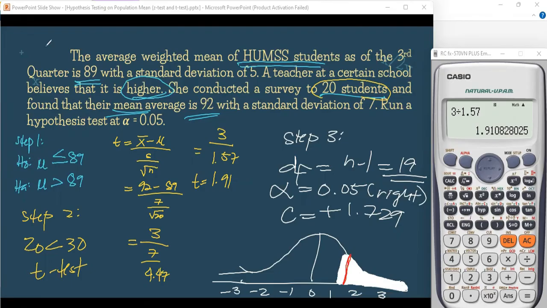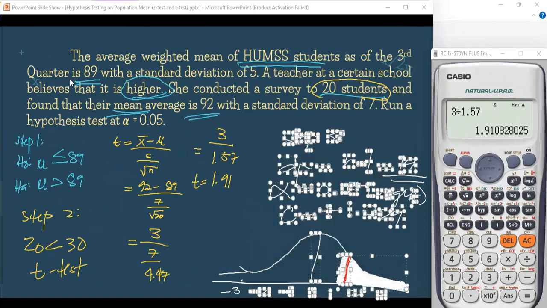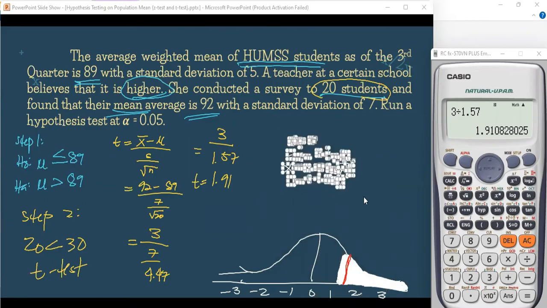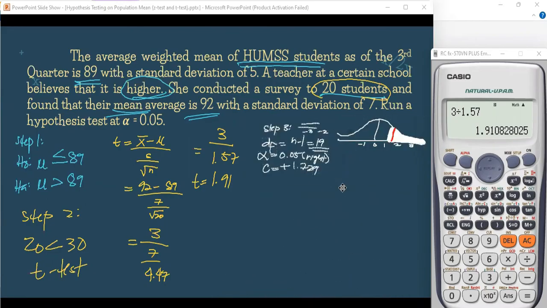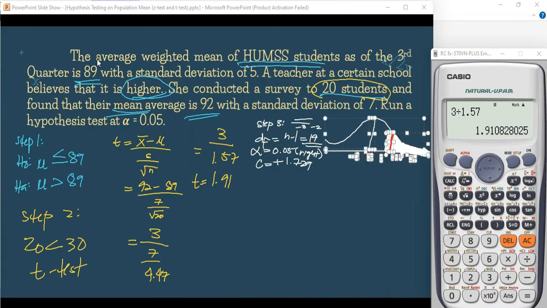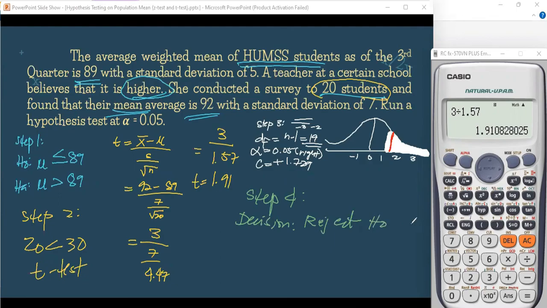So ngayon po, my dear students, what do you think is our decision? Is it to accept or reject our null hypothesis? So we need to reject the H0 because it is in the rejection region.